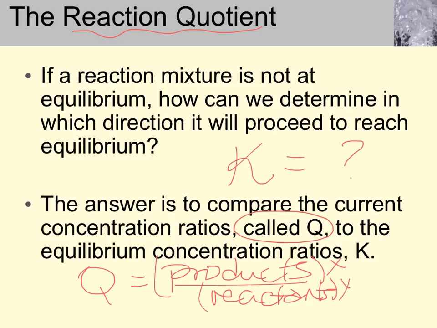But for Q, the concentrations are taken at any point in time. So it's possible for Q to equal K sometimes, but most of the time Q will not equal K. And Q is just a measure chemists use to tell whether or not they're at equilibrium. So let's look at a couple of problems dealing with that.